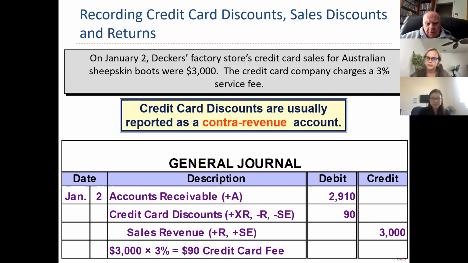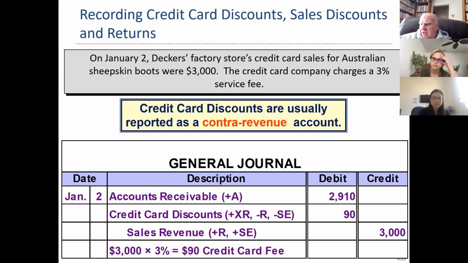Why do you credit sales revenue? You sold it. You sold me these fancy shoes for $3,000. And you notice you debit credit card discounts. What's the account you never debit?